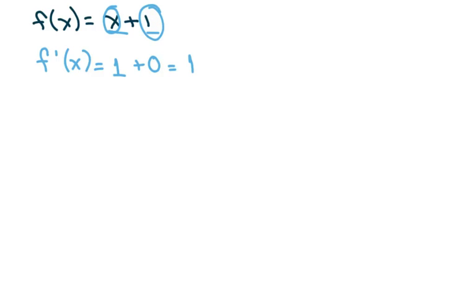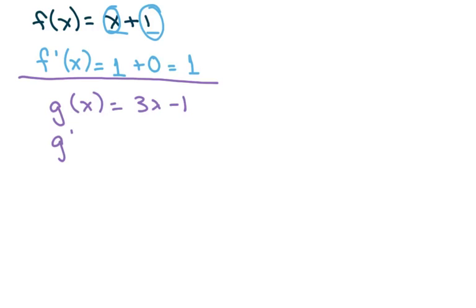So that just equals 1. And the next one we have is g of x equals 3x minus 1. So the derivative, this is to the first power, so this is going to be 3x to the 0, and this is just going to be minus 0. Well, x to the 0 is just 1, so our answer is 3.